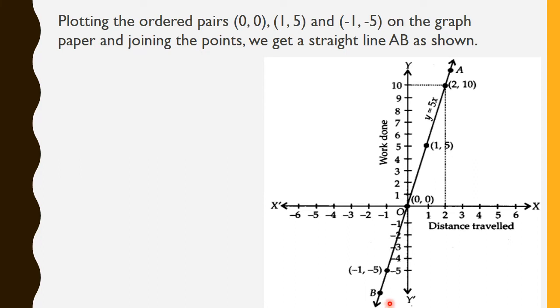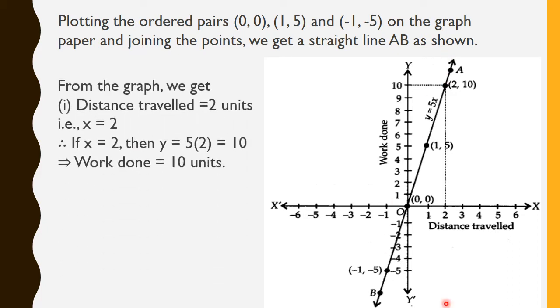After plotting the points, we'll join them with a straight line. Since all these points lie on the line y equals 5x, all of them will fall on this straight line. We can also mark this as y equals 5x. So we can see that we have got AB as a straight line.